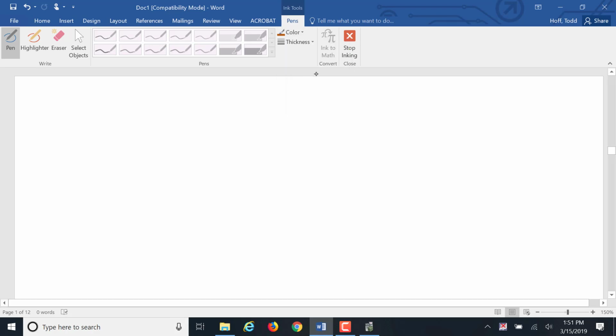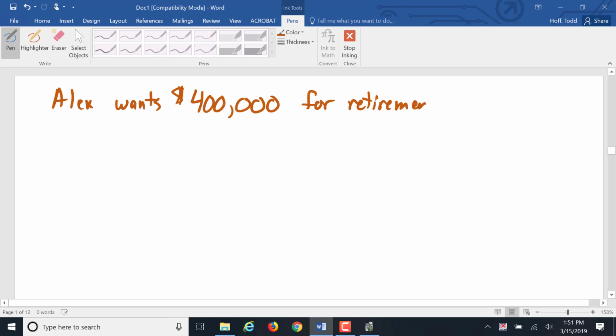If we want to go back the other way, let's find the payment required to achieve a future value in an annuity due. Let's say that Alex wants $400,000 for retirement in 25 years.